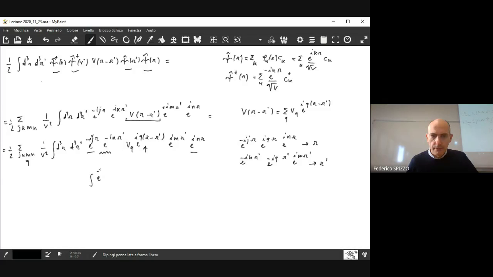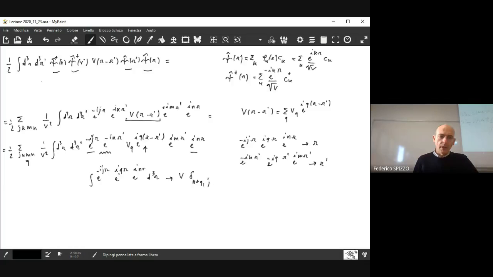Just to make an example, the integral of e to the minus I j r, e to the I q r, e to the I n r, d3r corresponds to a volume times a delta where we have n plus q and j.